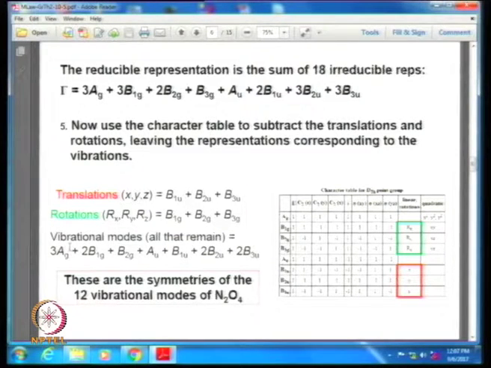The 3 Ag stays, because Ag is not to be removed, but B1u should be only 1. So this 2 B1u becomes 1 B1u. The B2u, from 3 B2u, will become 2 B2u, and the B3u becomes 2 B3u. So we remove the contributions to this character which come just from bulk motion of the molecule. Therefore what remains are all the vibrational degrees of freedom, and its size should be 12 now, this representation.